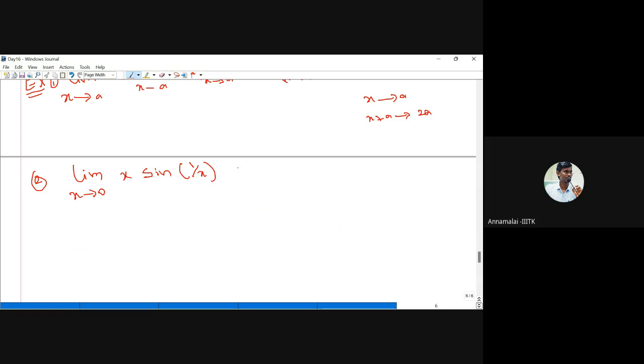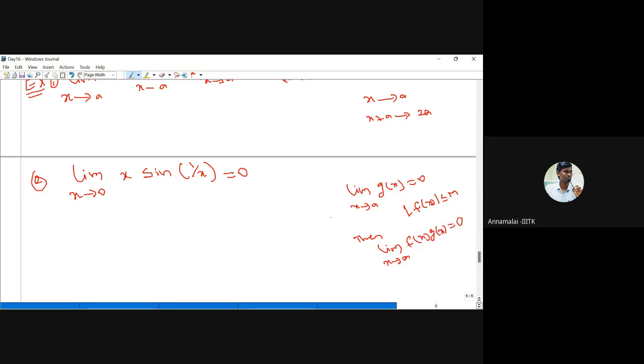So this should be 0. That's why I'll state the theorem. Suppose we have a function g whose limit at a point a is 0, and f is any function but bounded, then limit x goes to a, f of x into g of x should be 0.